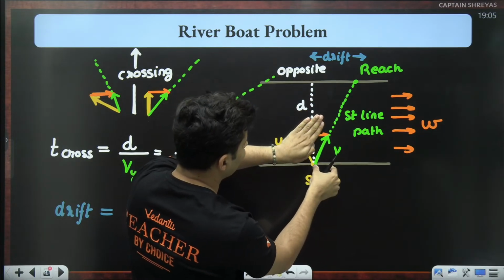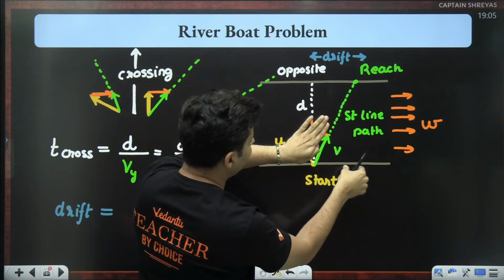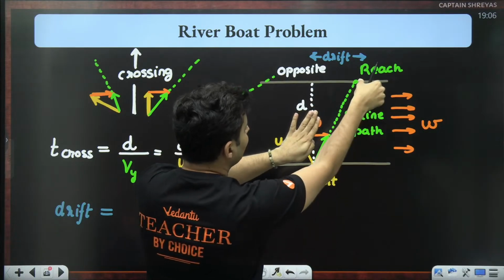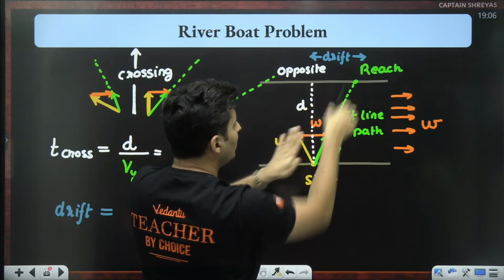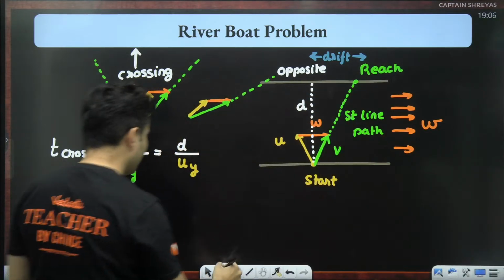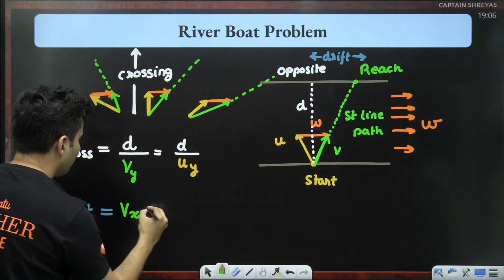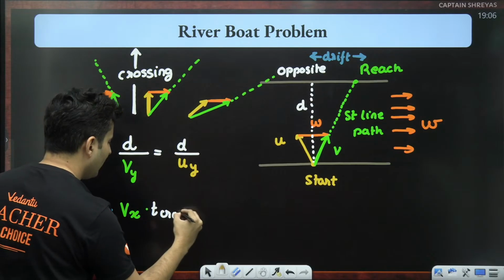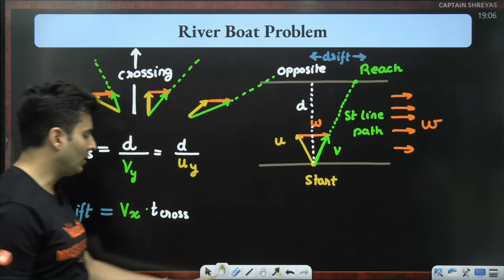Whatever is the x velocity of the resultant velocity, that x velocity into how much time I spend in the river. So it will be just Vx multiplied by your time taken to cross.